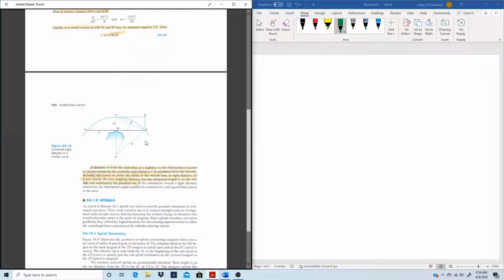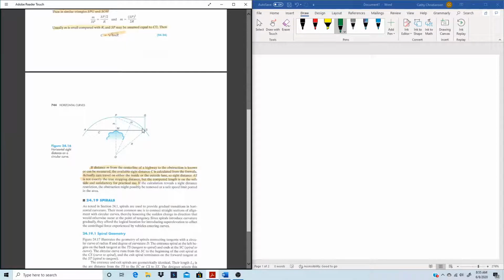If the distance in from the center of the highway to the obstruction is known or can be measured, the available sight distance C can be calculated from the formula. Actually, cars travel on either the inside or the outside of the lane, so the distance from A to S is not exactly the true stopping distance, but it's the computed length, and it is on the safe side and satisfactory for practical use.